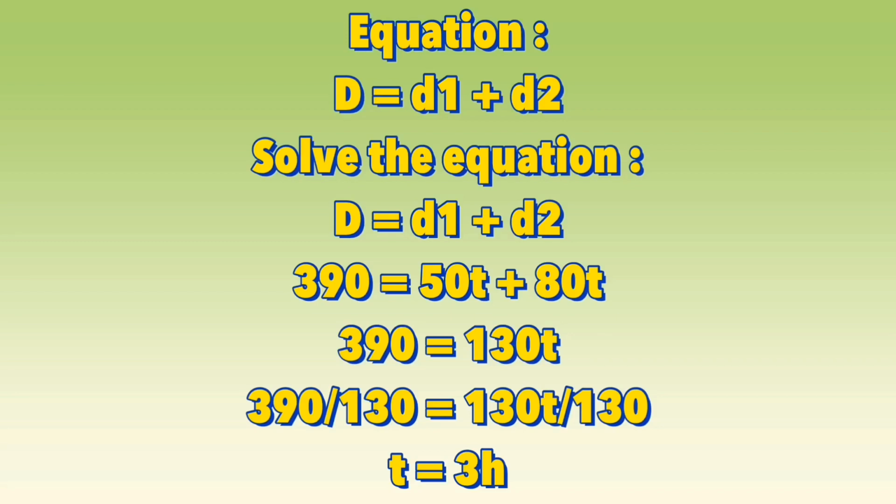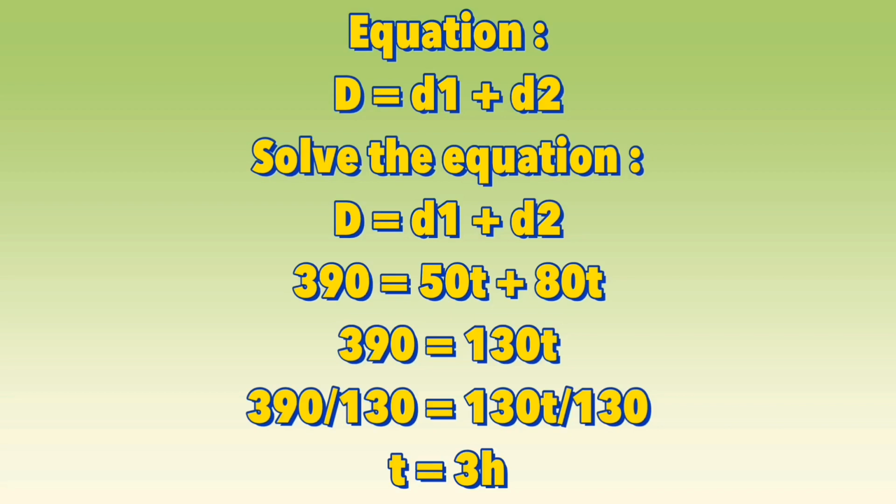And 390 we just copy, and we divide both sides by 130. So 390 divided by 130 equals 3, and 130t divided by 130 equals t. So therefore the time is equal to 3 hours.